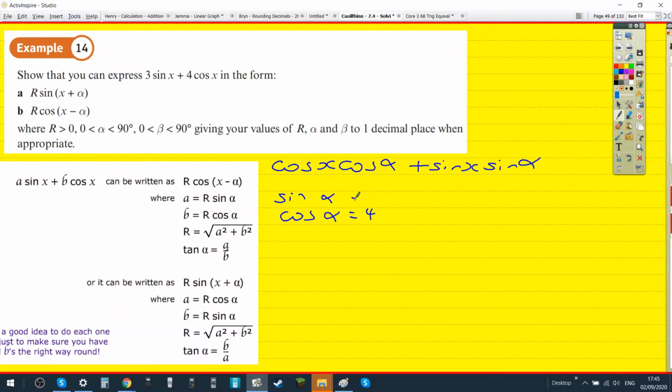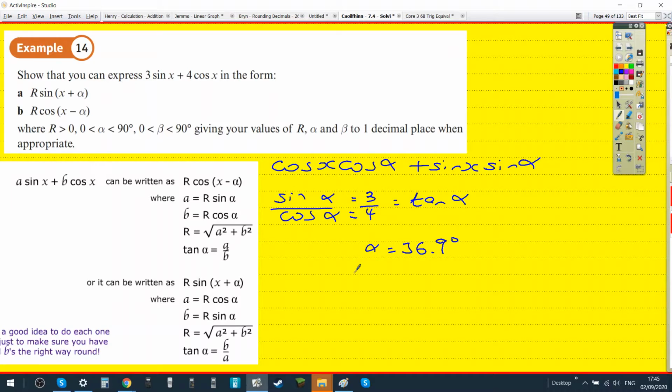Okay, so tan alpha is equal to 3/4. So tan to the minus 1 of 3 over 4 gives us 36.9. Then what are we missing?